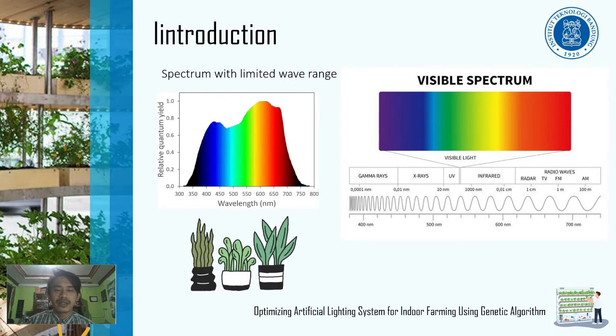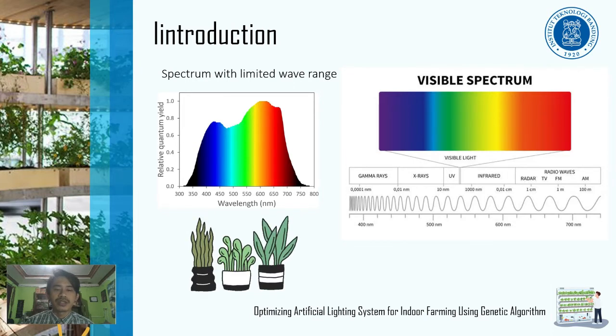They need the full visible spectrum in our eyes. We always see the spectrum of colors from dark blue or violet to dark red or brown, but the plant also uses this visible spectrum for photosynthesis.